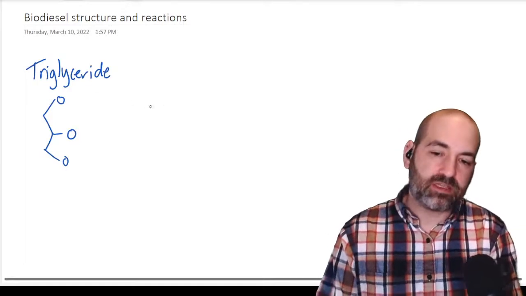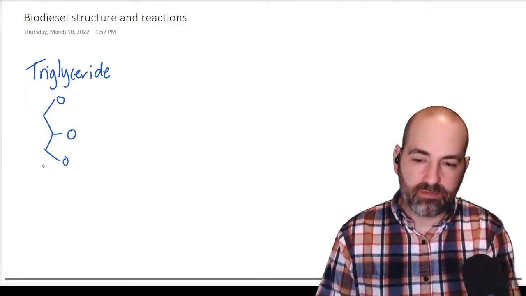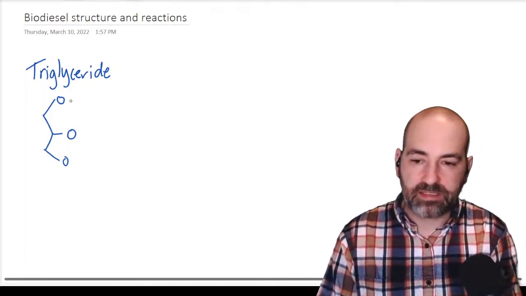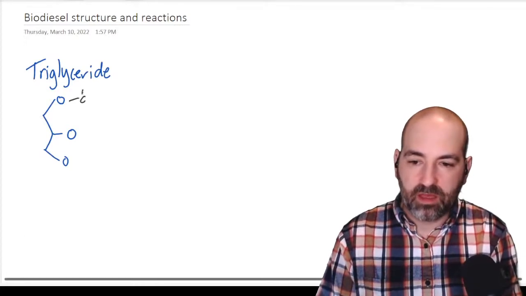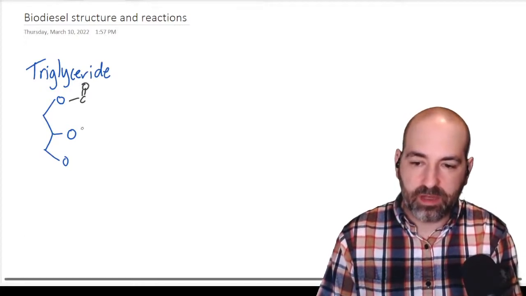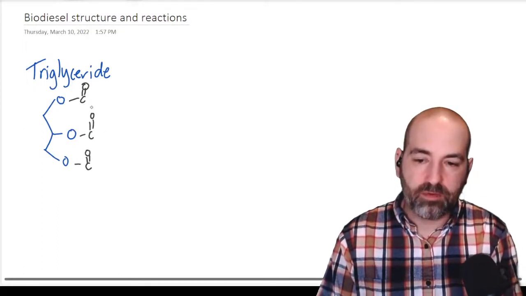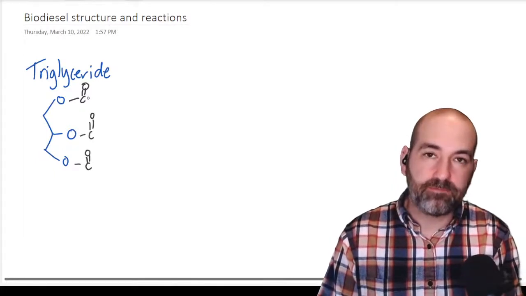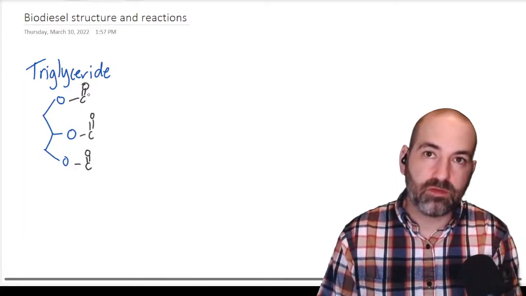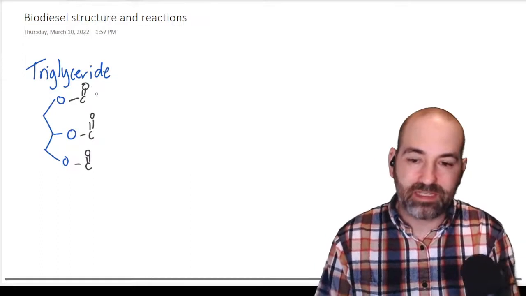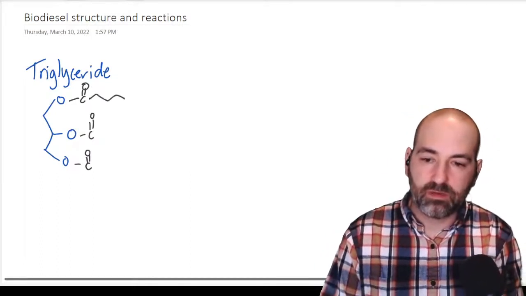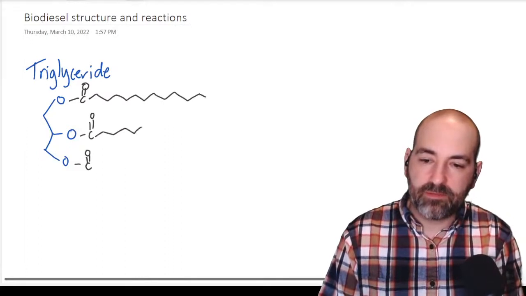So the things that are connected on to these O's of the glycerol are called fatty acids, and they look like this. Each one is connected to a carbon with an oxygen double bond to it, and then a long carbon chain of anywhere from about 11 to 19 carbons. So something like that. And there's some variation here.